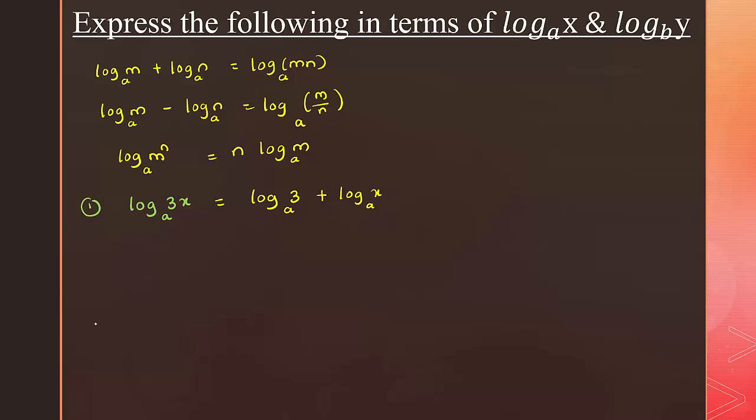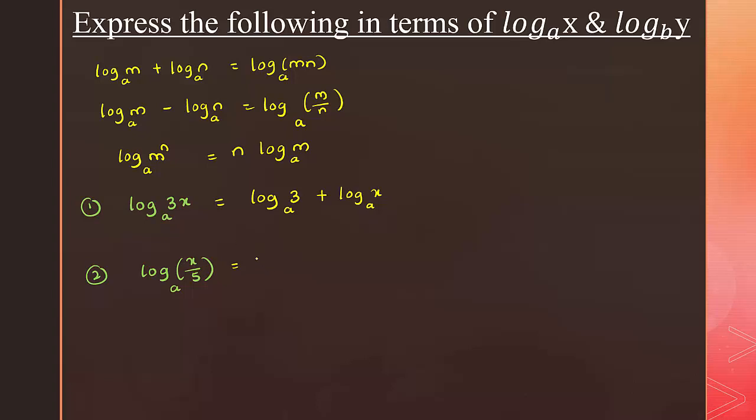Now come to the second problem. Log of x over 5 to the base a. How to express it in terms of log x and log y? This is a subtractive identity. This is x over 5, the ratio form.